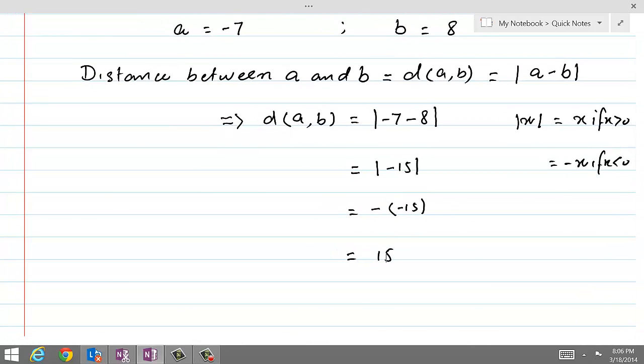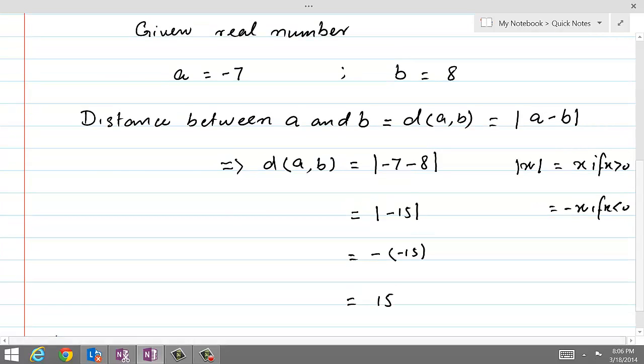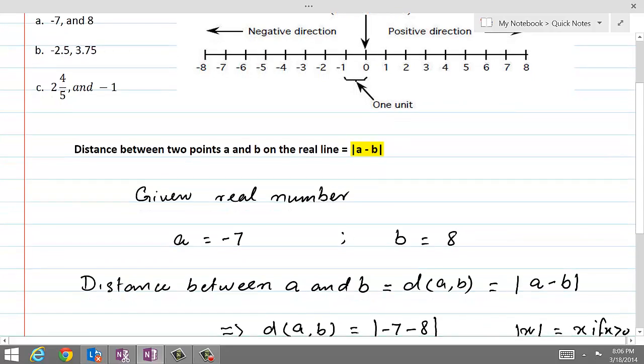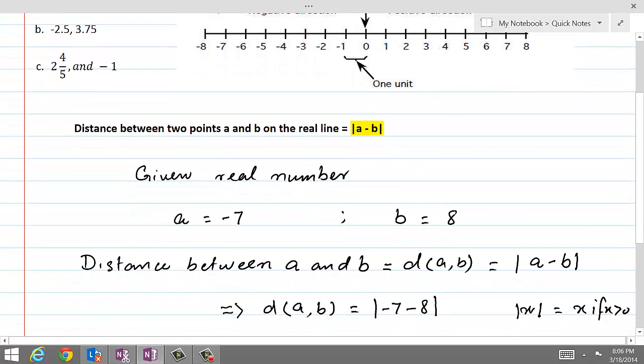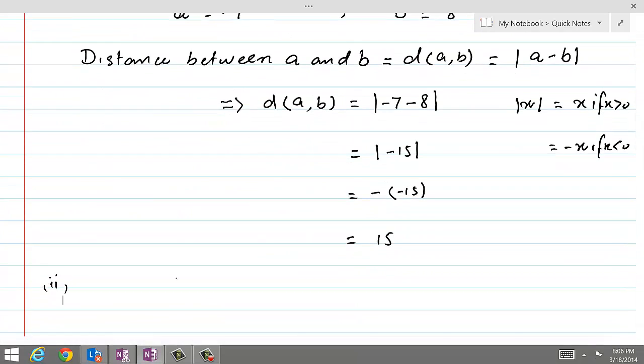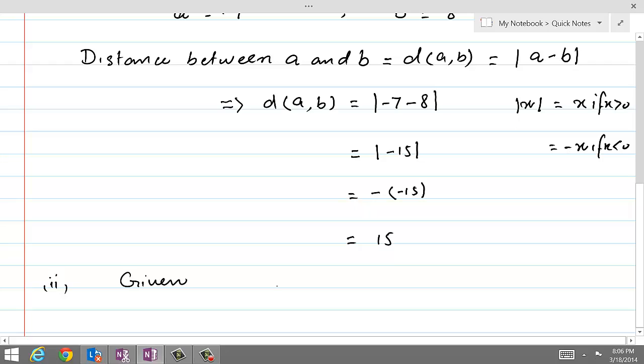So this is how we can find the distance between two real numbers on the number line. We are given another pair of real numbers, and for that pair we have a is equal to -2.5 and b is 3.75.